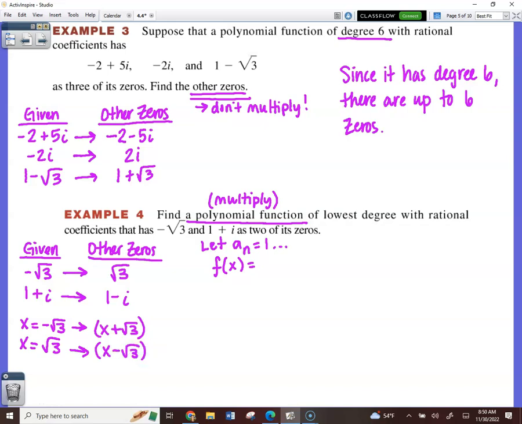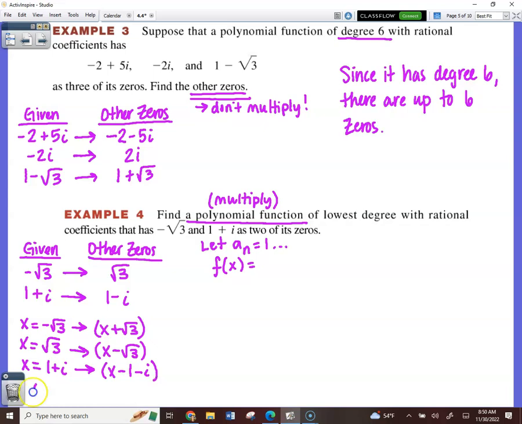Y'all with me? Now this one feels really weird. Just set it equal. So if x is 1 plus i, I'll subtract it all over, then it would come from x minus 1 minus i. See that? You just subtracted everything over.